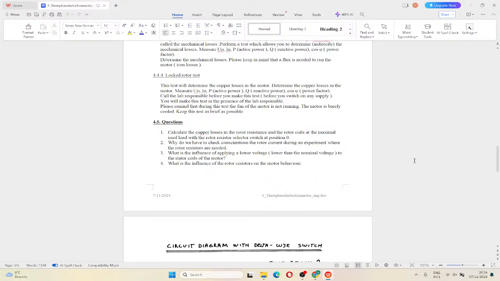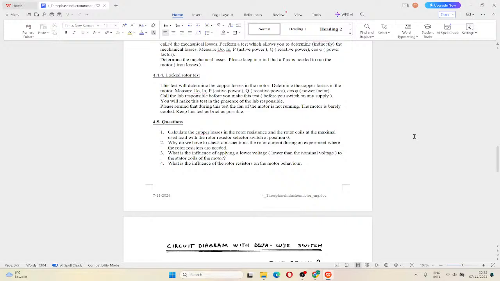Not quite correct, because we need to change the current. As you can see here, there are three terminals for the rotor. For the first one, we need to measure the iron loss. So for the iron loss, we disconnect all three terminals. Or you can just set the load to 0. So it's the same.